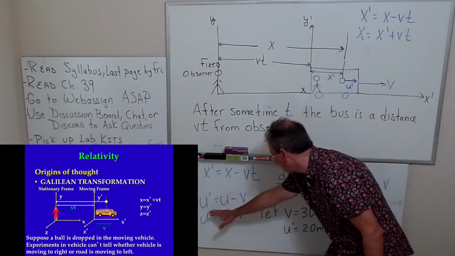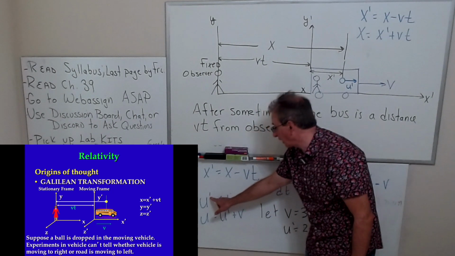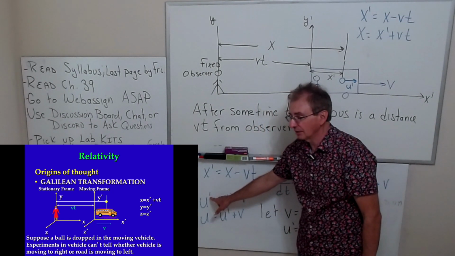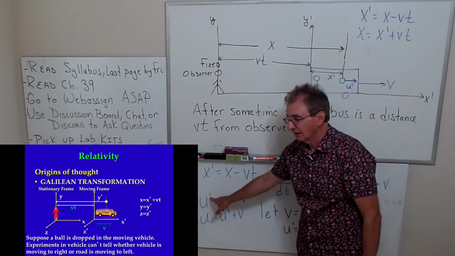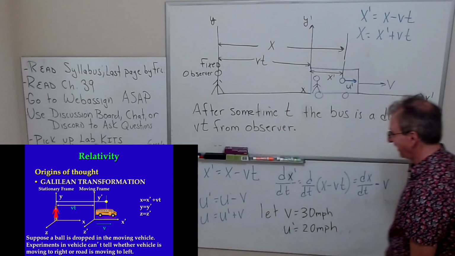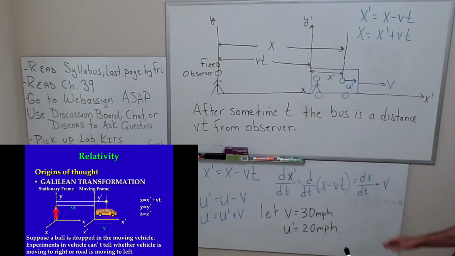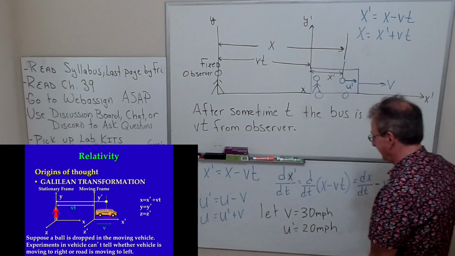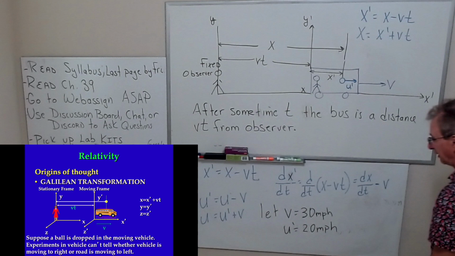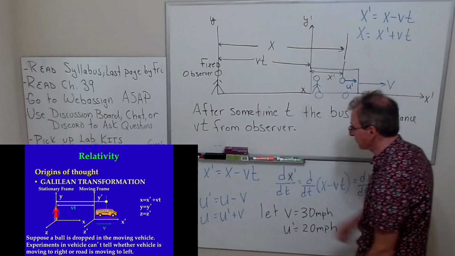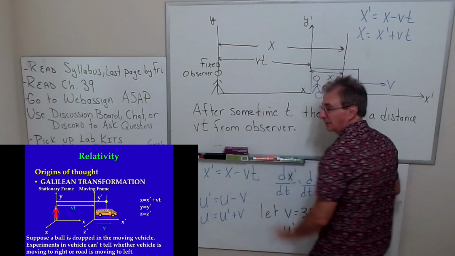I know in calculus you write the derivative as something primed. But I use u to represent the velocity, and the prime is to distinguish it from the unprimed.